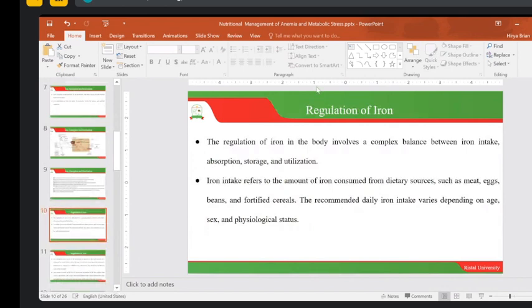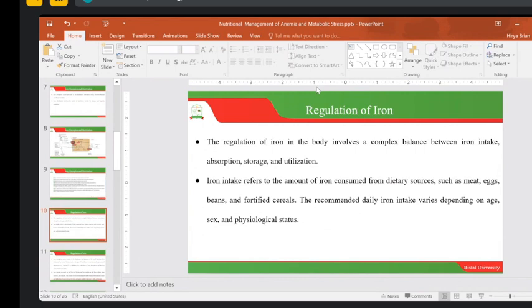Regulation of iron: we are looking at the regulation of iron in the body, which involves a complex balance between iron intake, absorption, storage, and utilization. We will say that for intake, we are talking about the iron that is consumed from dietary sources.